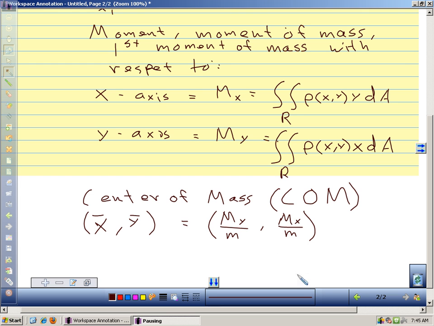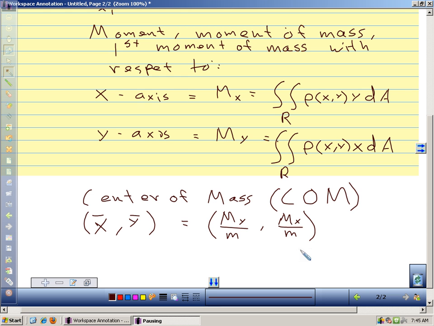This gives us the coordinates of our center of mass. We divide for the x-coordinate, we divide the moment about the y-axis by our mass, and for the y-coordinate, we divide the moment about the x-axis by the mass.